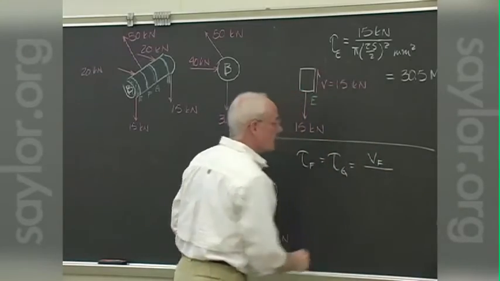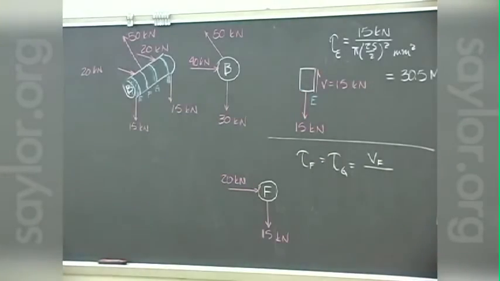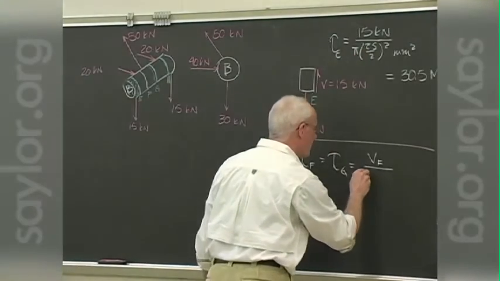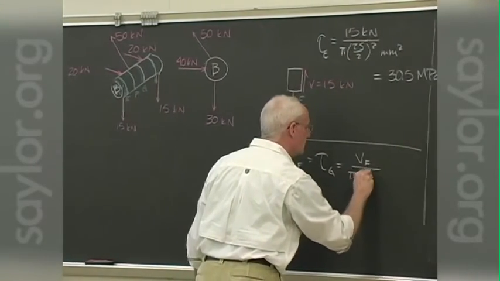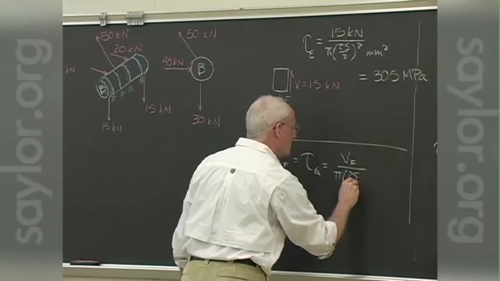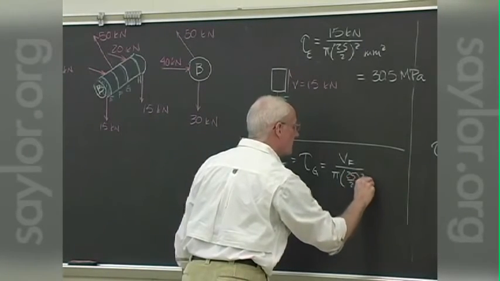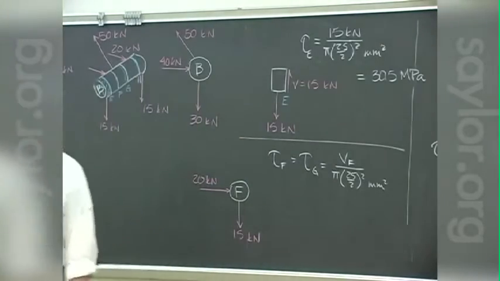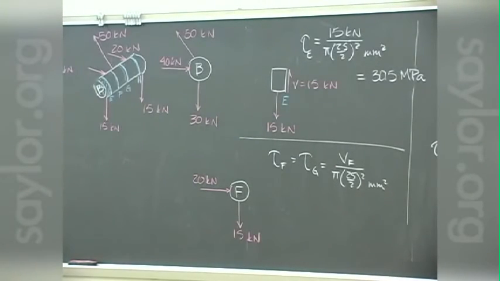What's the shear? And the area is still the same. It's the same pin. It's certainly possible, I guess, that we could have a pin that changes in area, but we don't in this case, just a simple cylindrical pin, put in and then held with clevis pins.